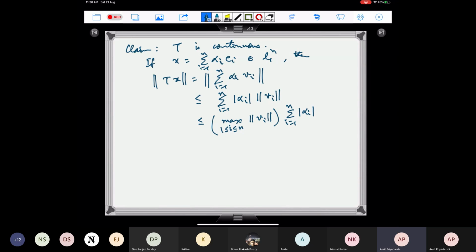But summation mod alpha i is nothing but the norm of this vector x in L1n, so this is equal to norm x 1. So norm of Tx is less than or equal to some constant times norm of x. So this implies T is bounded.